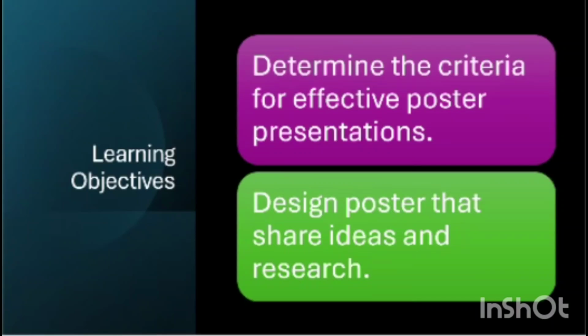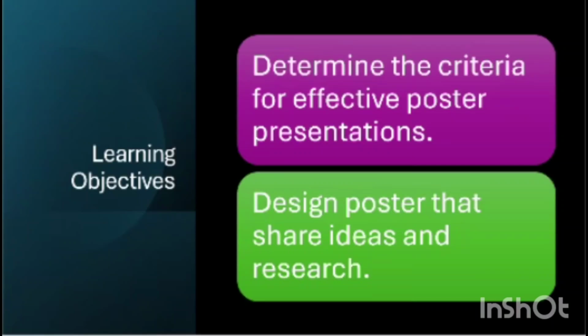So no need to add too many. You can ask any one of the children to read these two learning objectives.